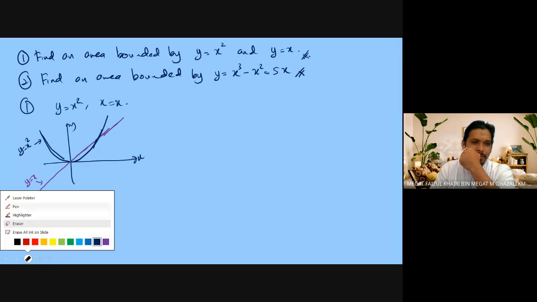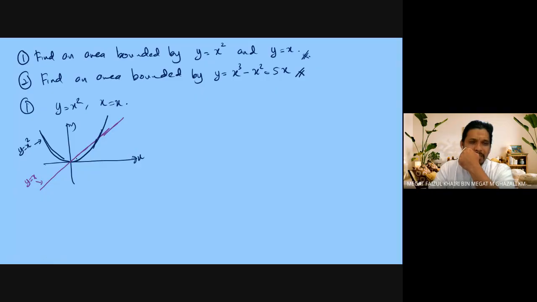Now we are going to find the area between y equal to x squared and y equal to x. So this is the area.